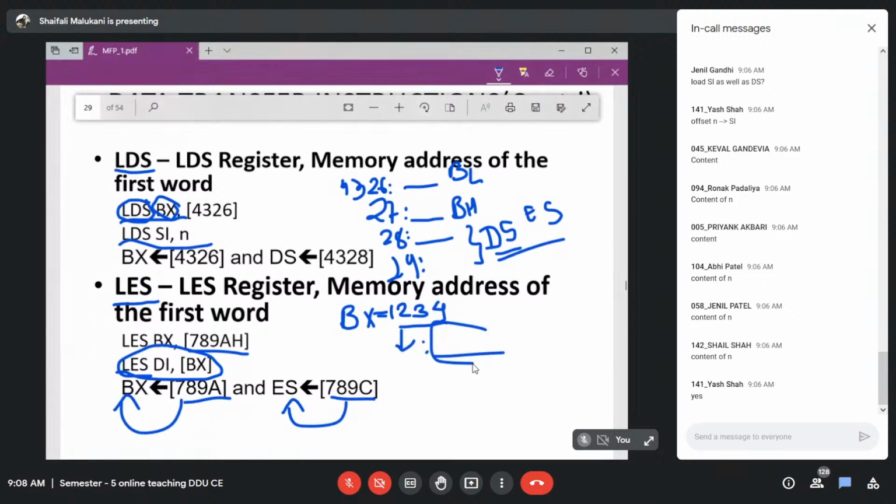Content of that address is copied to DI. Because two locations will be needed, the next location is taken as well, so the content of 1234 and 1235 goes in DI, and 1236 is copied to ES.